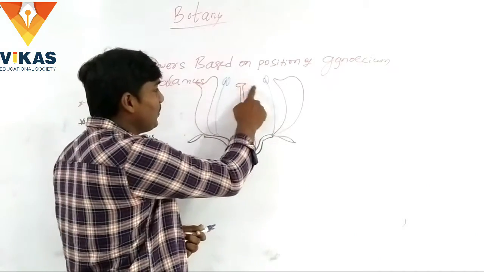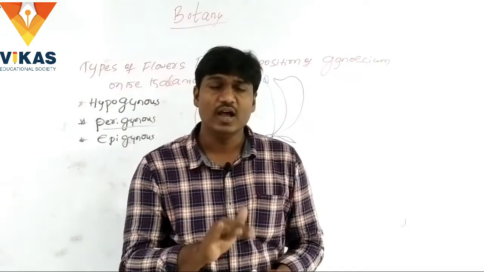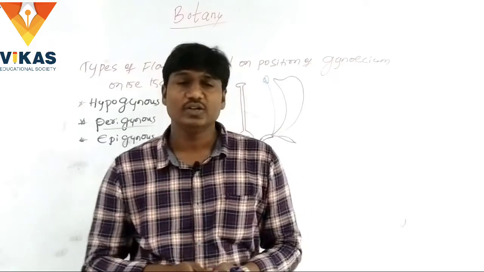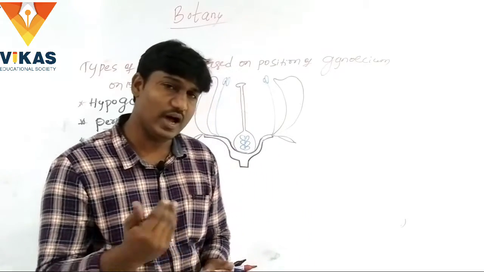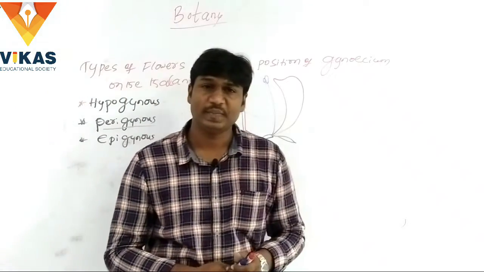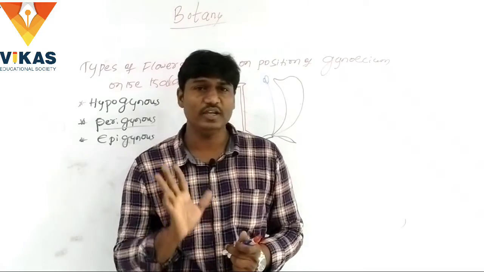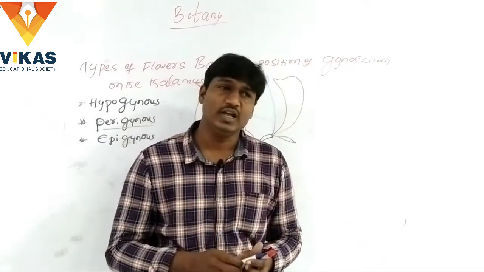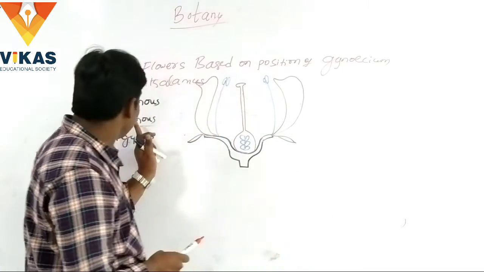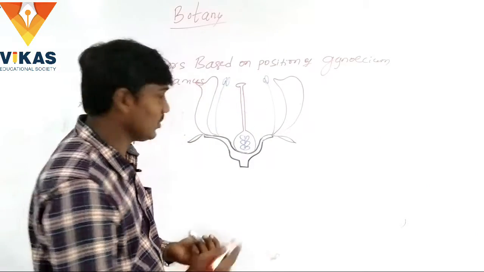Here the position of the ovary is half inferior or half superior, whereas in hypogynous flowers the ovary is superior. That is the most important point. Whereas perigynous has half inferior or half superior. Okay.